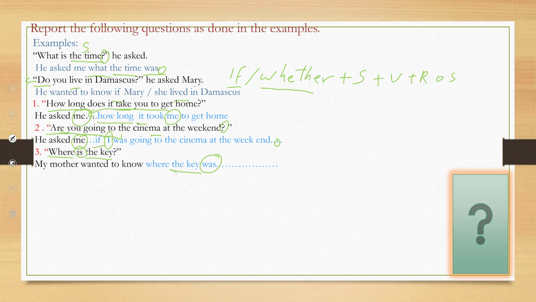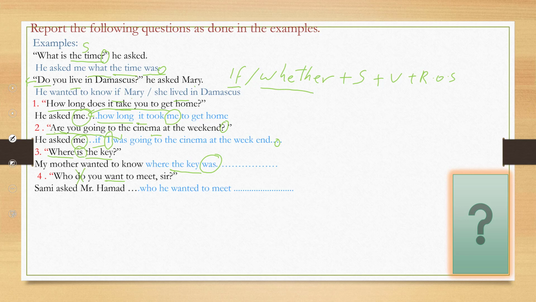Number 4. Who do you want to meet, sir? Sami asked Mr. Hamad. First, we add the question word, who. What about do? Do, does, or did, if they are used as auxiliary verbs to make the question, I should drop them and change the verb after them.